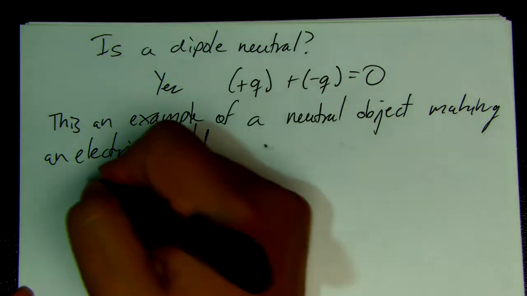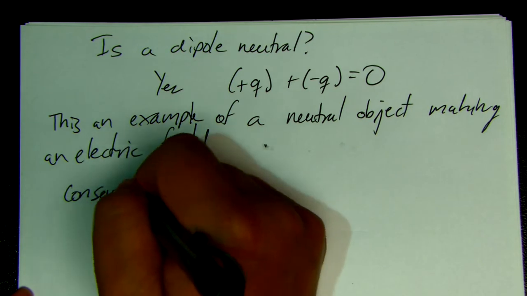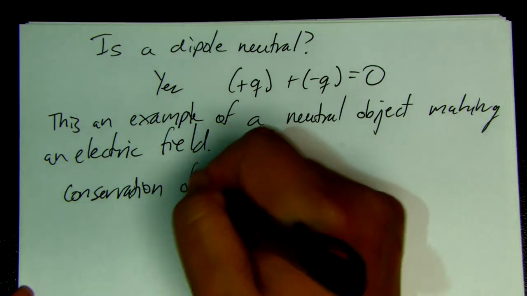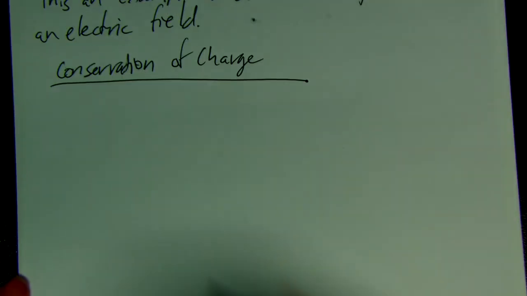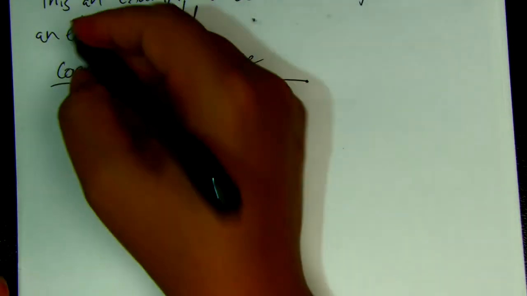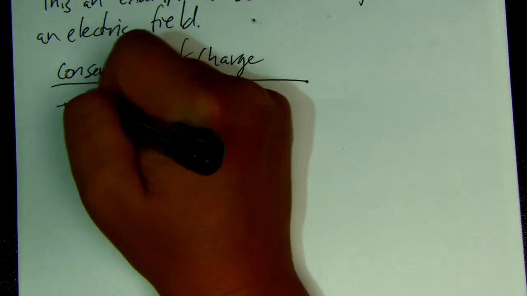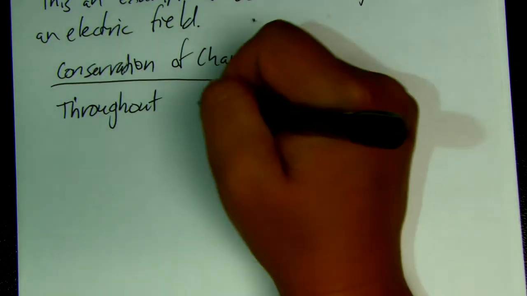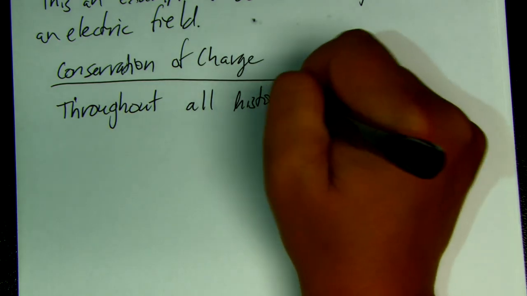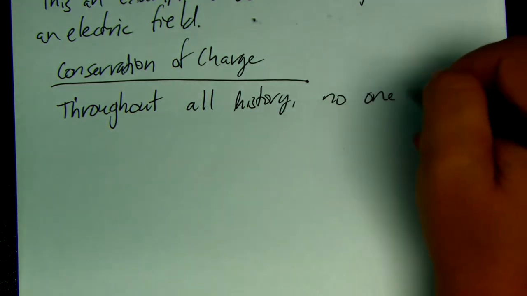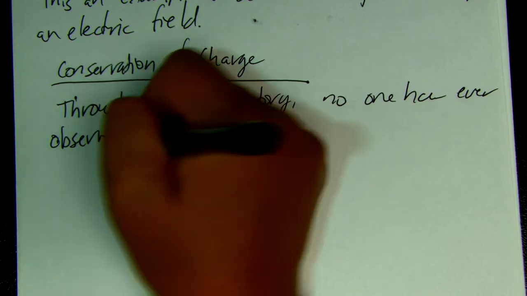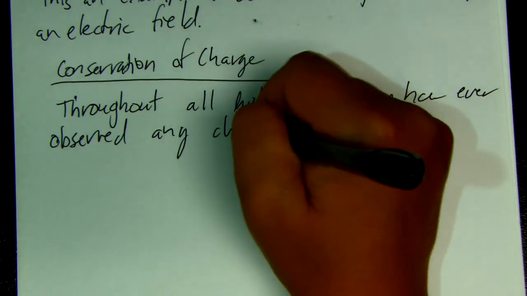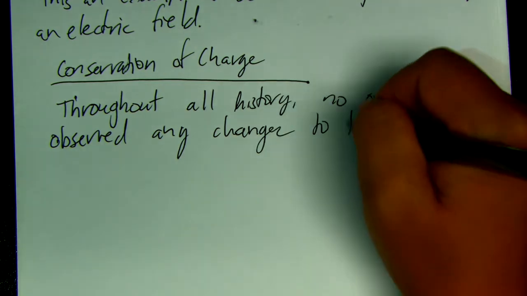Okay, so moving on to conservation of charge. Charge is a conserved quantity, just like momentum and angular momentum. Throughout all history, no one has ever observed any changes to the net charge of the universe.